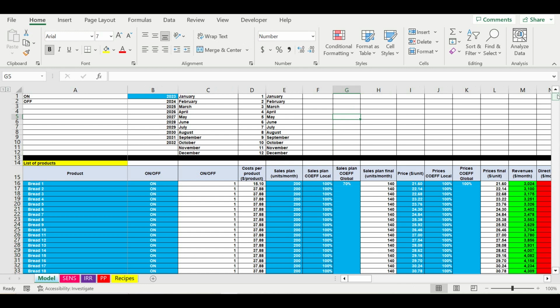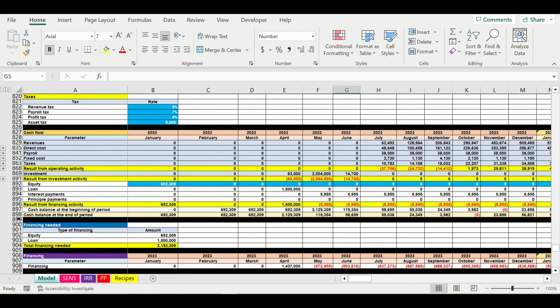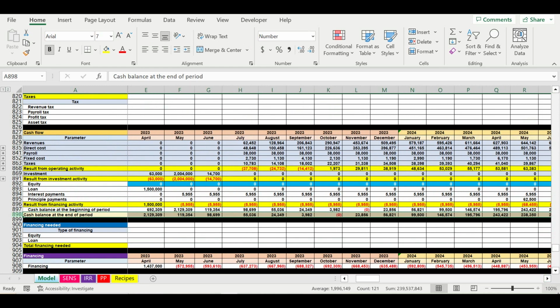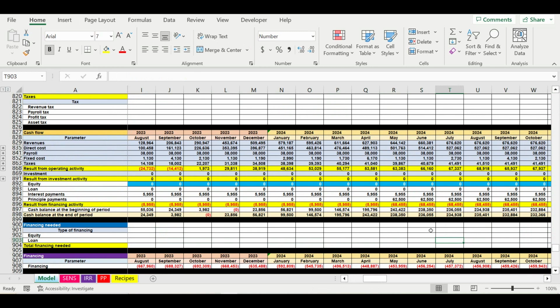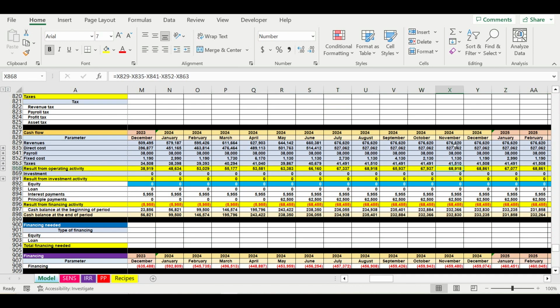if we look at the last line of the cash flow statement, we can see here that the cash balance is not growing. This means that everything in the project is working, but we do not get the profits, because the cash balance is not growing.